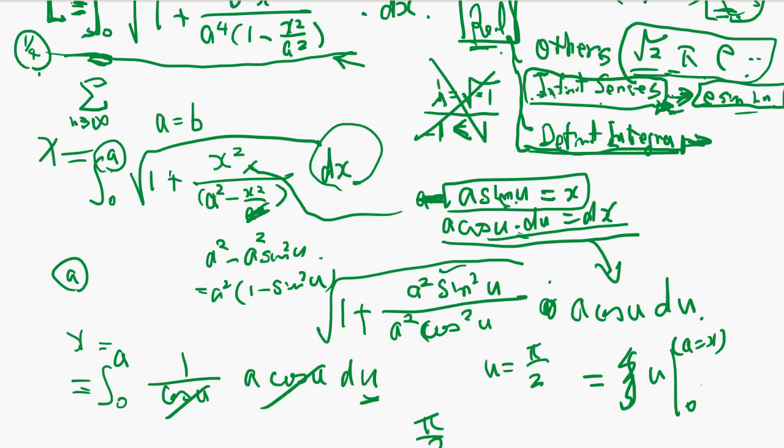Okay, so this is the answer, and you have 4 of them. Remember, we calculated only a quarter. So the circle length is going to be 2a pi. Ooh, got it. Okay, so that's the way it is. It's a circle. You can take an integral and calculate, and the answer is 2a pi.